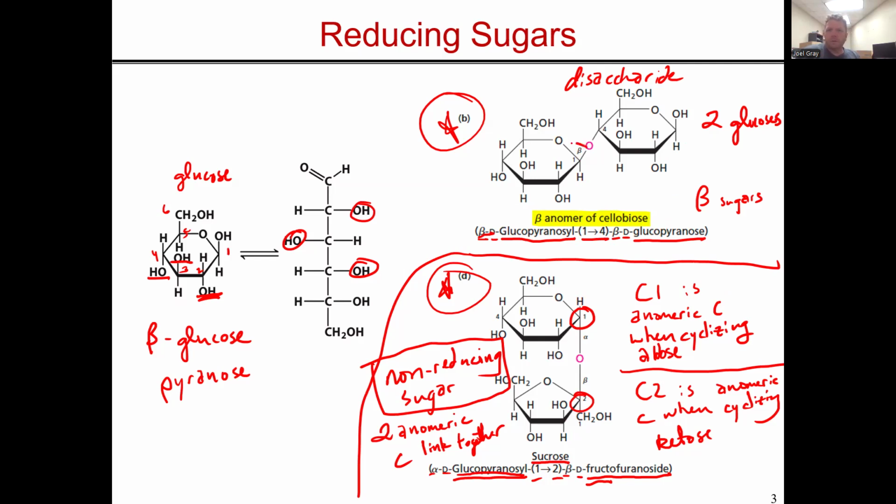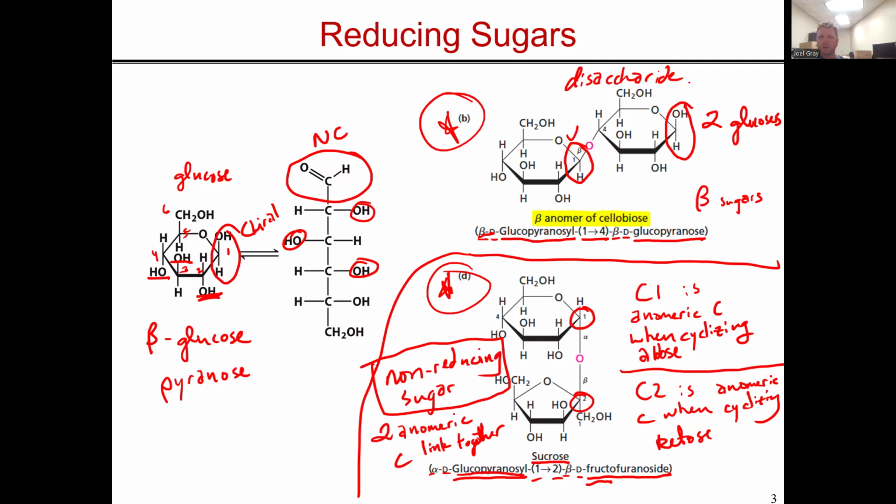Carbon number one on glucose, which is right here, which is also right here. This is non-chiral, but then it's chiral. So that is your chiral center. Now, can you find another chiral center or another anomeric carbon in cellobiose? So this is one. This is our other. So this is an anomeric carbon.